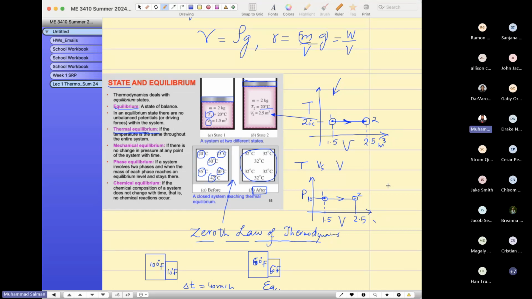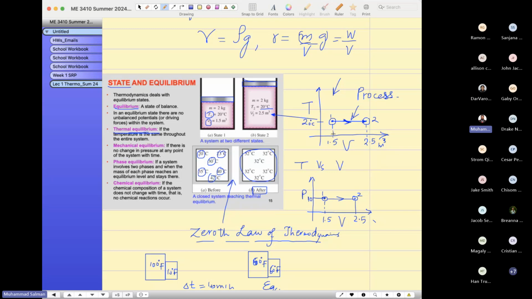Good. Rina says temperature. That's correct. Now, if temperature remains constant throughout the process, the line shows a process. Remember, we will study more about it. A process is in a certain direction from one state point to another state point, or one equilibrium state to another equilibrium state. This is known as the process.